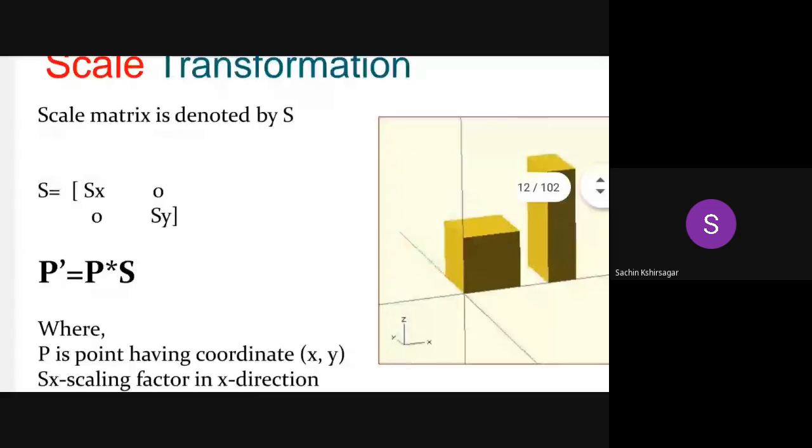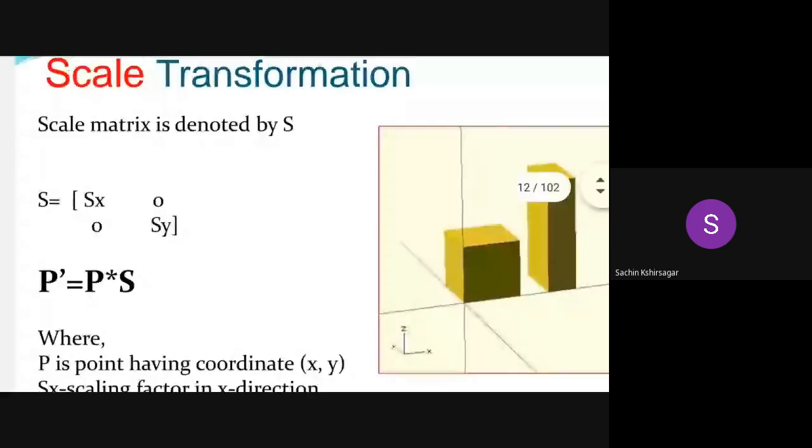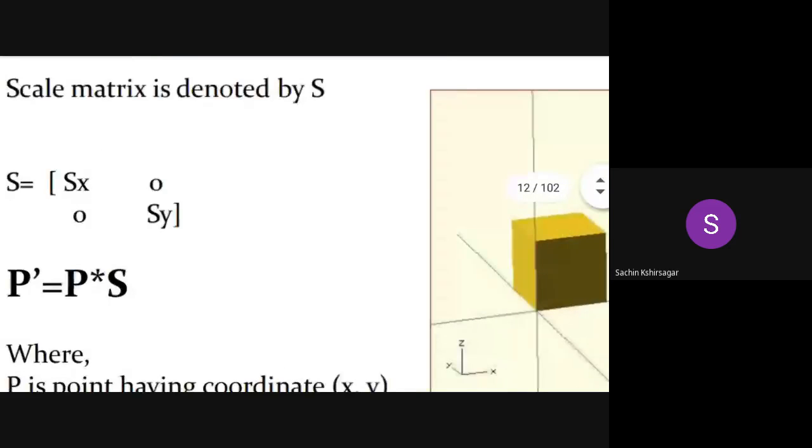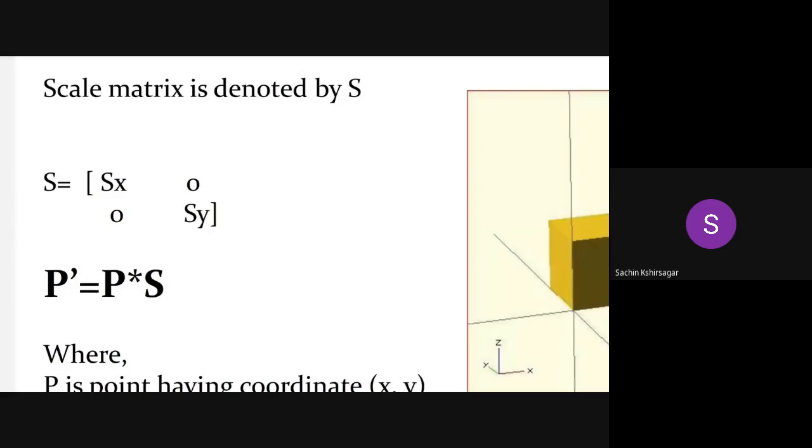Now, what is the scale factor or scale matrix? For the translation matrix it is Tx, Ty, only 2 points. In rotation, cos theta, sin theta, minus sin theta, cos theta. And for scaling, the standard formula is Sx 0, 0 Sy. Now, what are Sx and Sy?